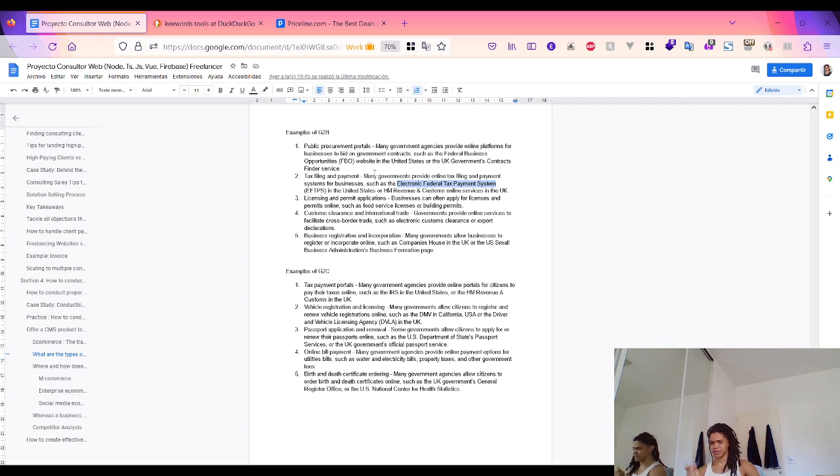Many government agencies provide online platforms for business to bid on government contracts, such as the Federal Business Opportunity, the FBO, in the United States, or the UK Government Contract Finder Service. Again, this is very niche. The other is that many governments provide online tax filing and payment systems for business.